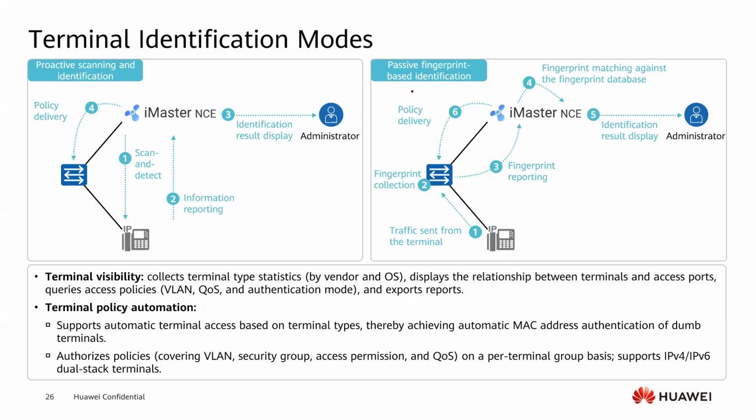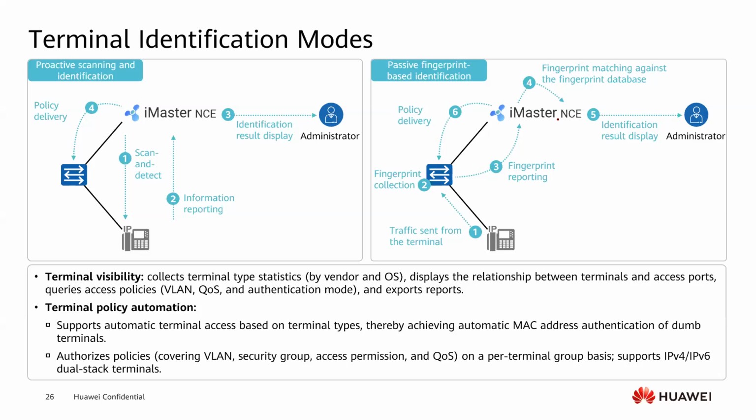And another is the passive fingerprint-based identification. In this mode, the network device will collect the fingerprints through the access devices, and then report this information to the controller.